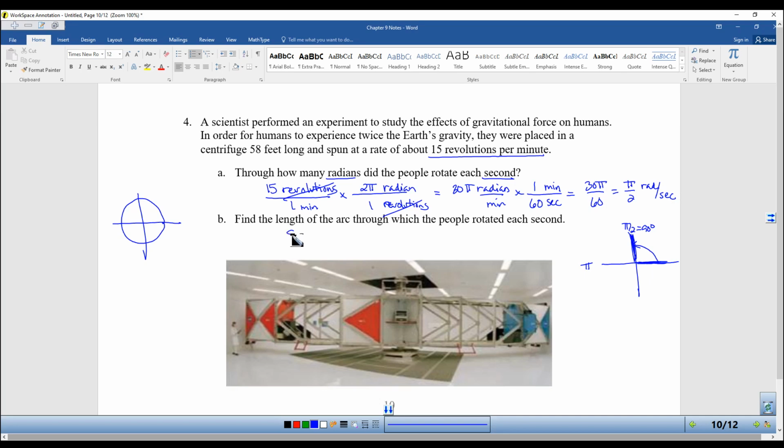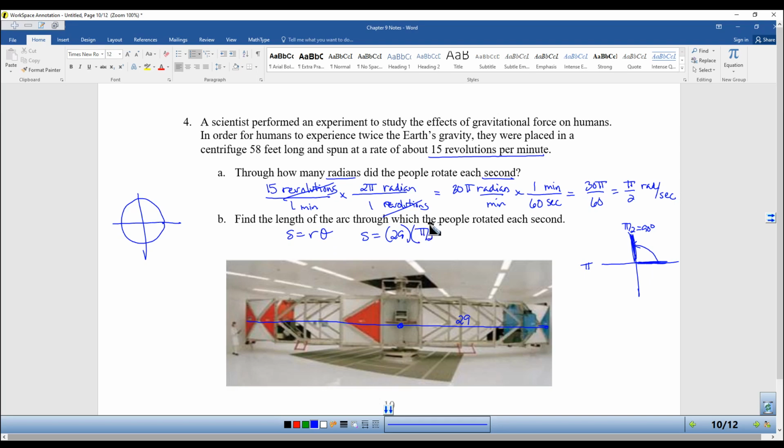So arc length, as soon as I see that, I write down my formula, and then I figure out my radius. Now, be careful, they said 58 feet long, but that's the entire length of it. So if the entire length is 58, then the radius would only be 29. And fortunately, I have this in theta now, like I have it in radians.